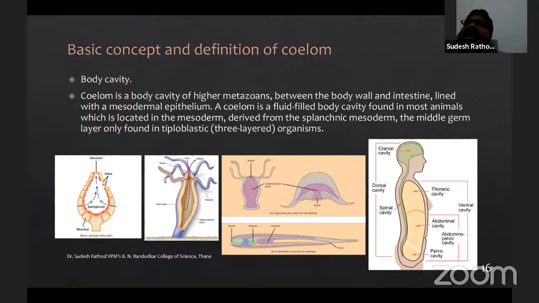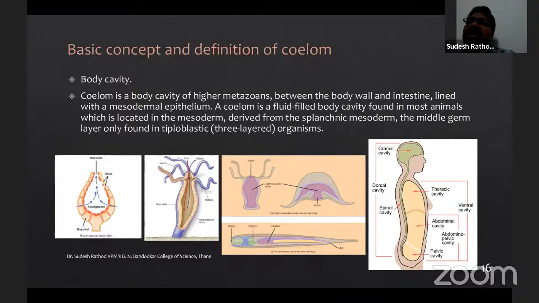That's why it is referred to as the coelenteron. Coelen refers to the coelomic cavity and enteron refers to the digestive system. So both the digestive function and the body cavity function are done by this archenteron. That's why it is known as the coelenteron, which is not a true coelom.